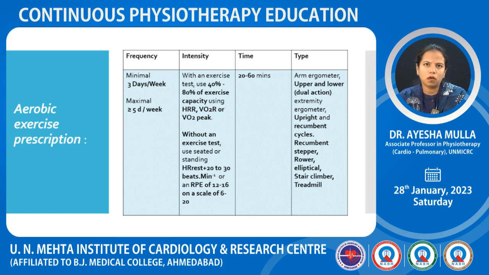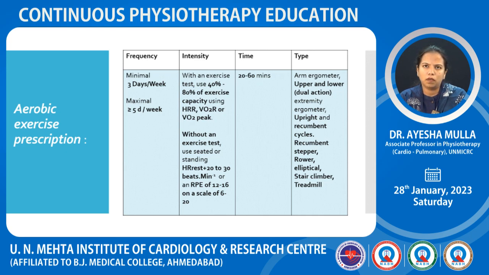When the patient has undergone exercise testing, we can prescribe based on the heart rate reserve, VO2 reserve and VO2 peak. Without an exercise test, meaning the patient has not undergone the exercise test, we still have to prescribe the intensity. So we can use sitting or standing HR plus 20 to 30 beats per minute or RPE of 12 to 16 on the scale of 6 to 20.